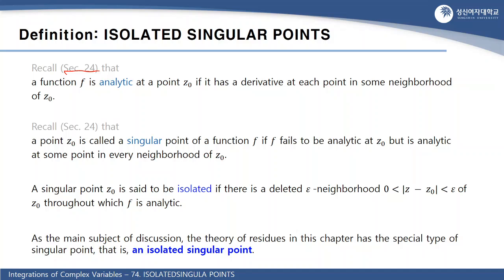Another notion: a point z0 is called a singular point of a function f if f fails to be analytic at z0, but is analytic at some point in every neighborhood of z0.